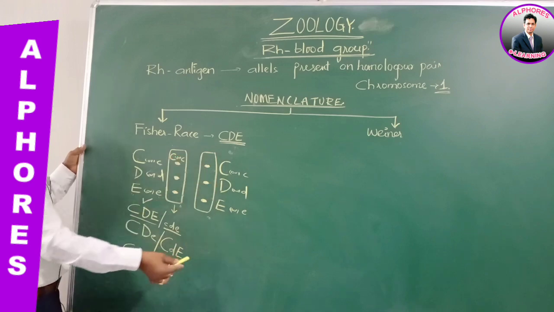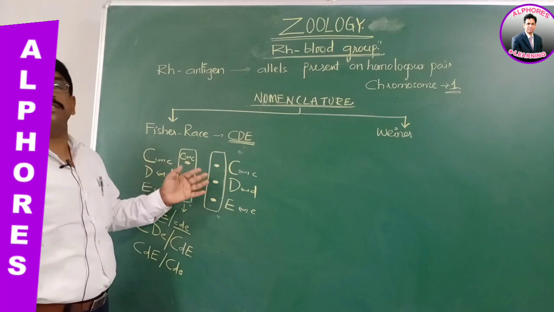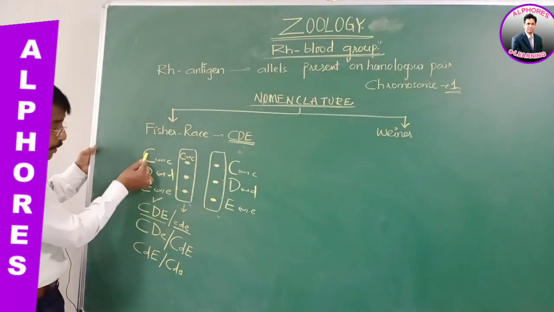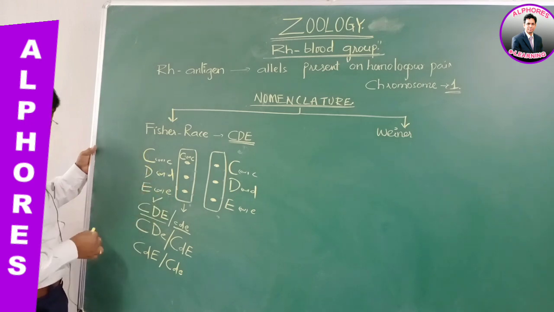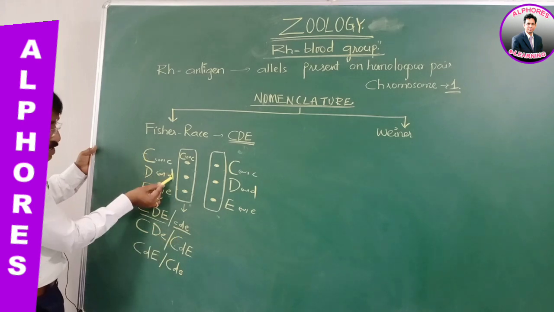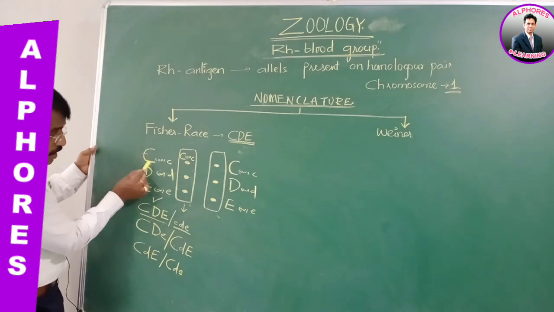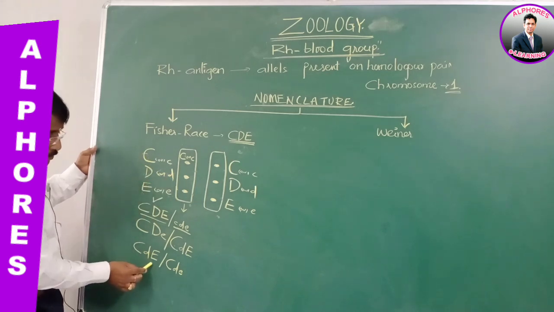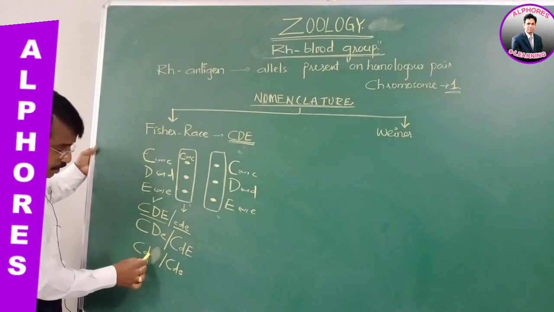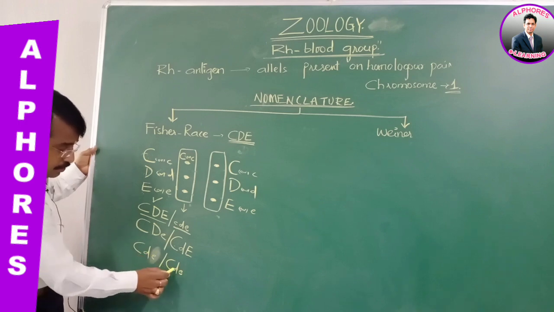Next, the other one is also the homologous chromosome of the pair. What one has, the same is also with the other one. Second probability: capital C, capital D, small e, or else capital C, small d and capital E. Next, capital C, small d, capital E, or else capital C, small d, small e.